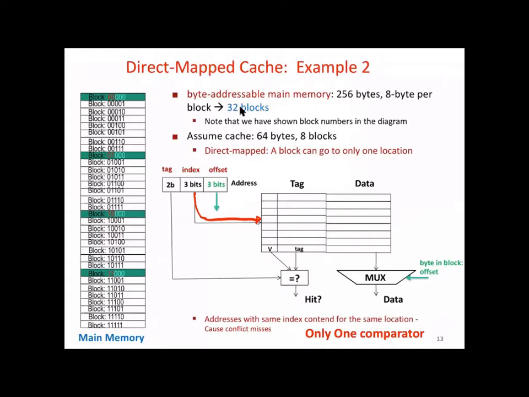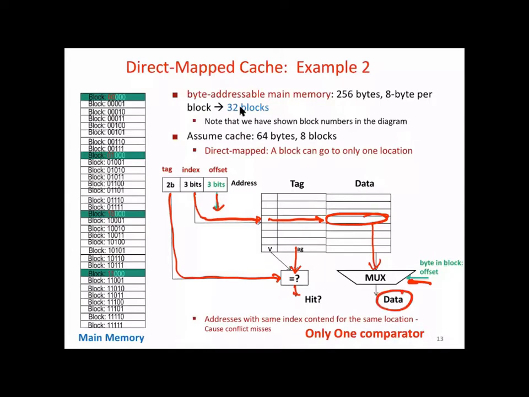Whether it's a hit or not, get the tag bits, and at the same time these bits are available, so match them. Whether it is a hit or not will be known. At the same time use this index, and read the complete block. Bring it to the mux, and then use the offset, shown in green here, and select the appropriate byte.